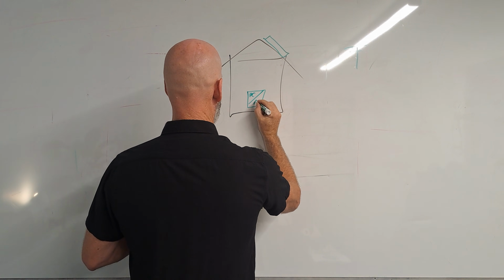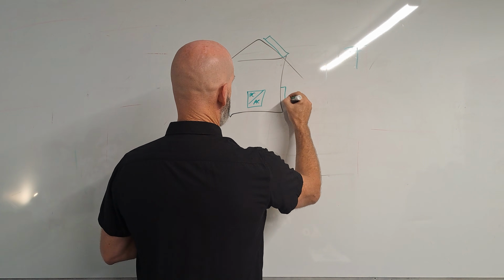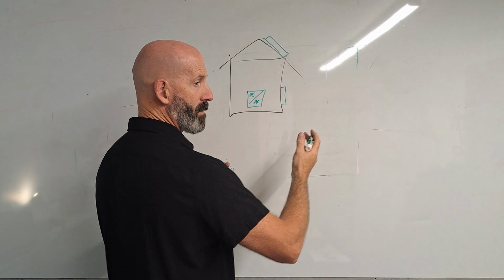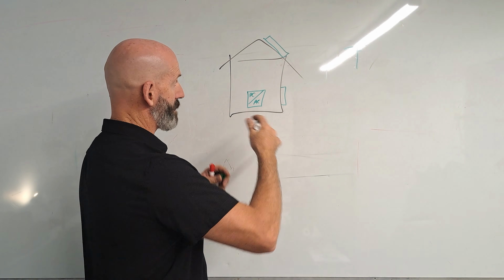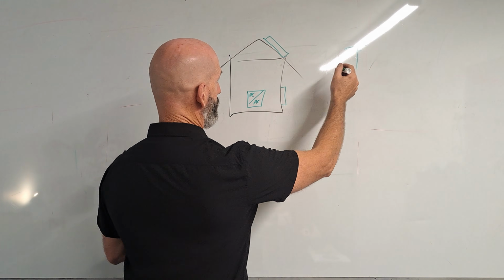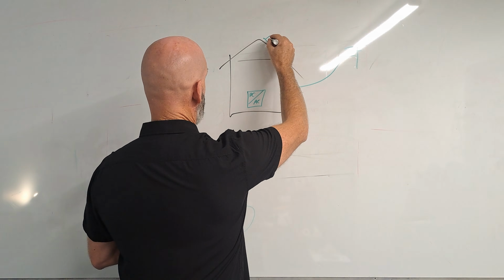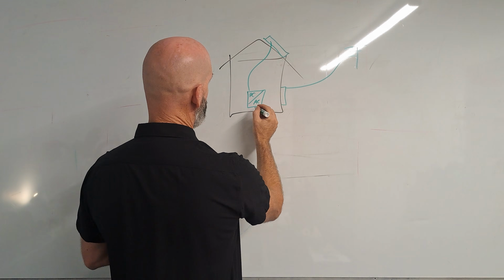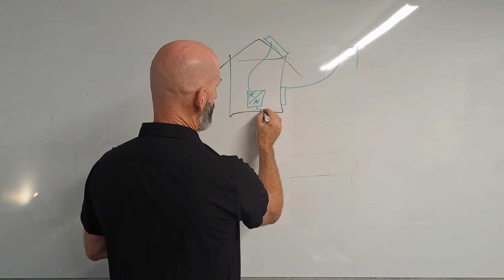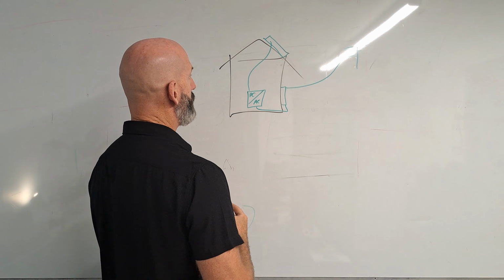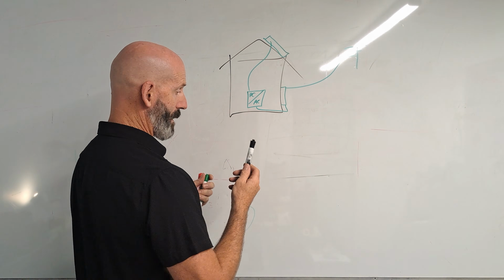I'll put my DC there, my AC there. You've got your switchboard, and effectively, we're doing the exact same setup. We have our connection from the power line into our switchboard. We're going to have our solar go into our inverter, and then our inverter is going to go into our switchboard. Operates exactly the same as what we had going on.